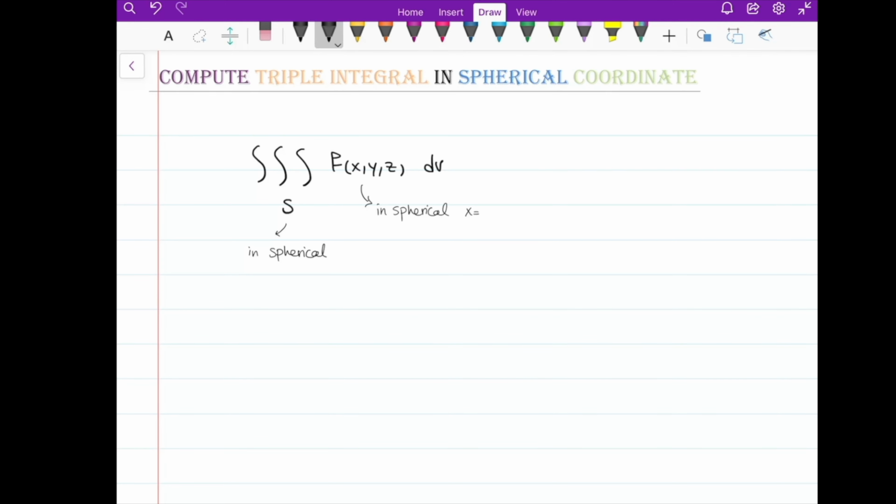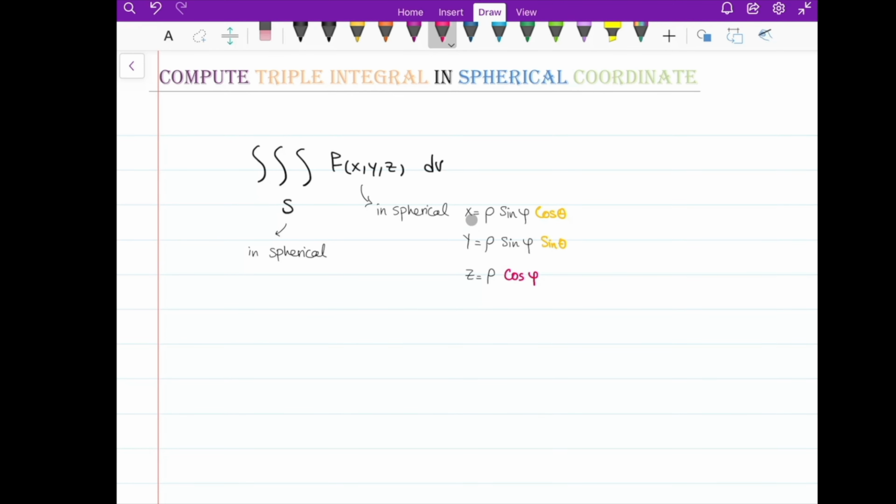Well, I'm going to use the fact that x is equal to rho sine phi cosine theta, y is equal to rho sine phi sine theta, and z is equal to rho cosine phi. So for all of them we have rho. For x and y we have sine phi, but for z we have cosine phi.